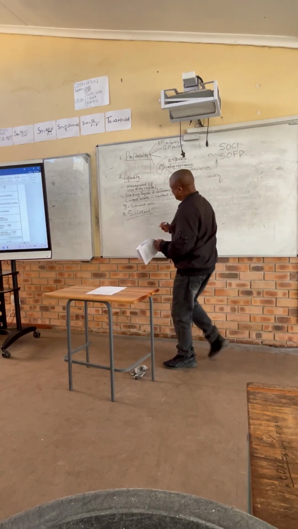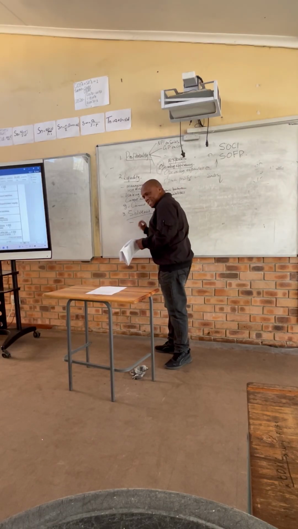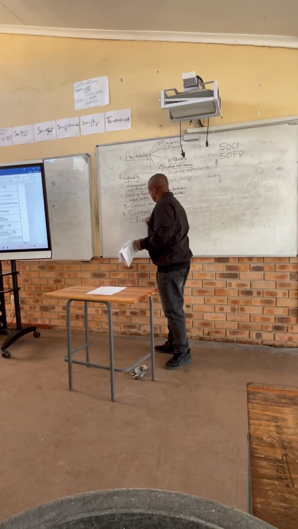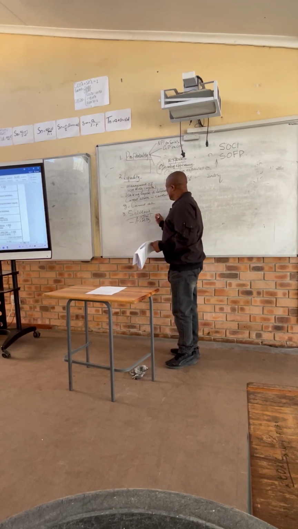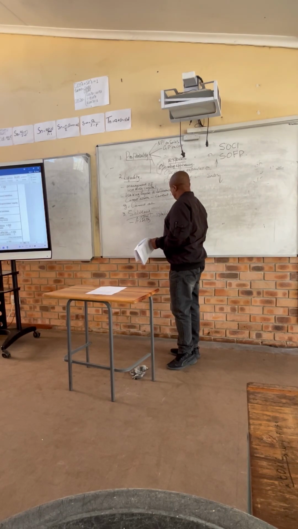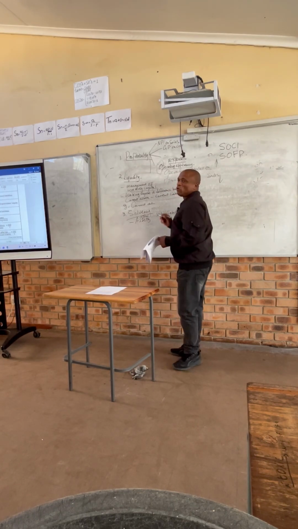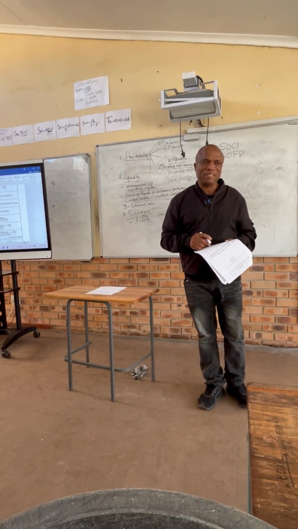So we are comparing our total assets compared to our what? Total liabilities. That is going to give us what we call the long-term solvency of the business.